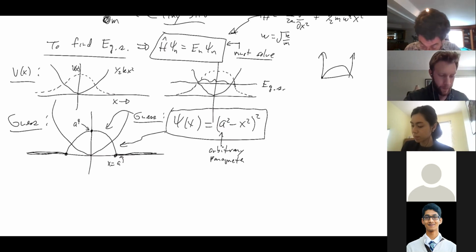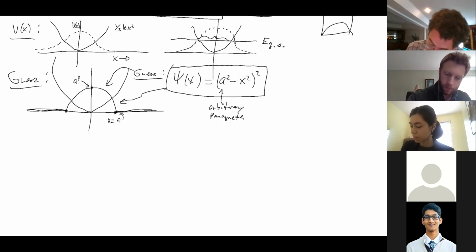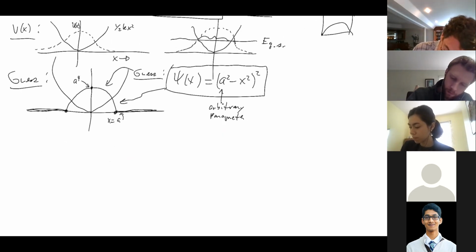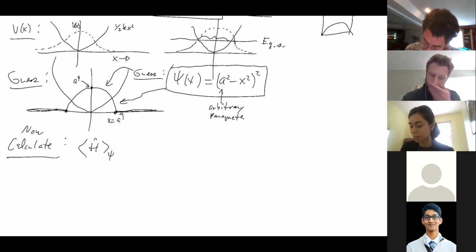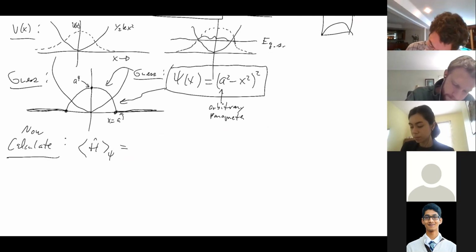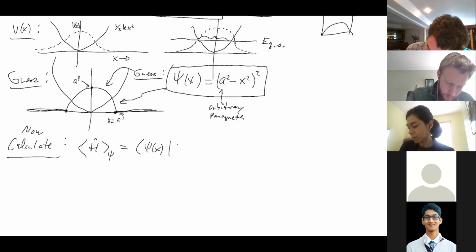And so look what I'm going to do. I'm going to use the variational principle, and I'm going to calculate the expectation value of the Hamiltonian for this wave function: psi of x, H, psi of x.